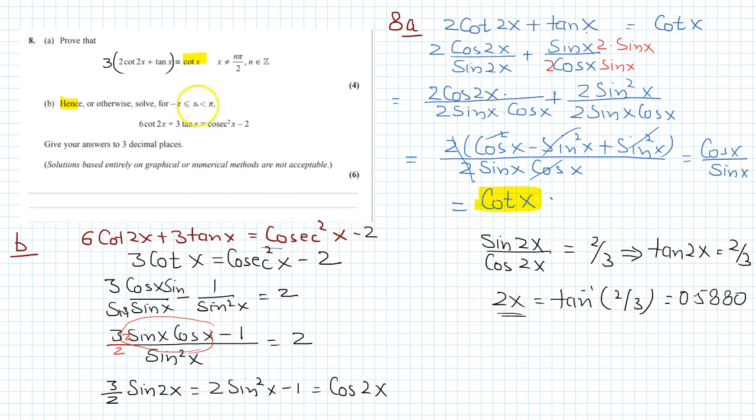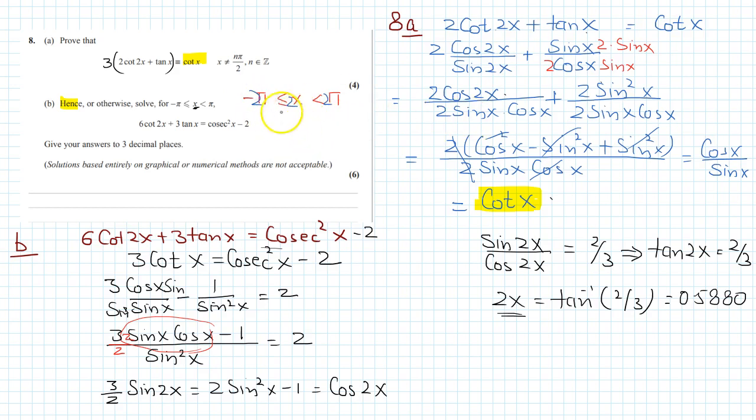This is 2x and we have a limit: x is greater than or equal to negative pi and less than pi. But we have 2x, so we multiply all by 2.